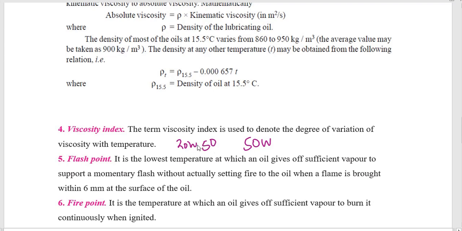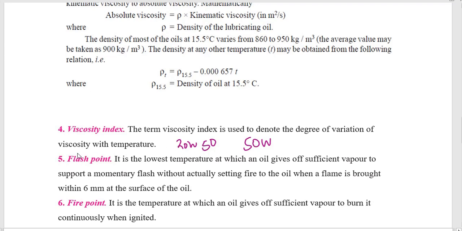So you find this particular oil, the 50 W, is basically for countries where you have high temperatures, but this one can be in countries where you have low temperatures. Where machines are to be in areas where temperatures are high, then this one can be better compared to this one.